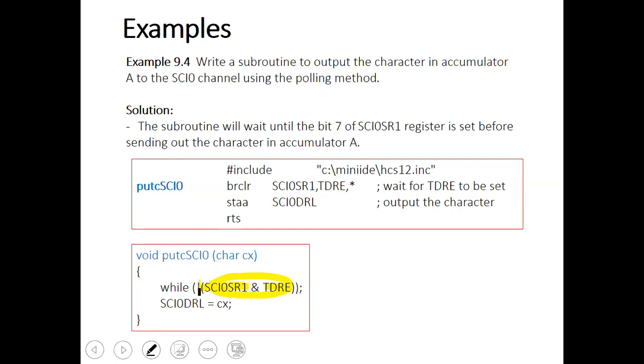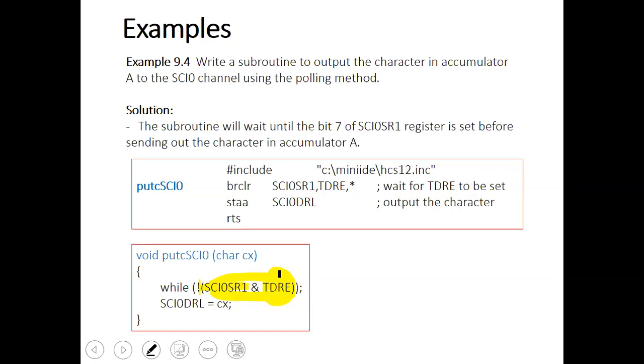Otherwise, when the condition is true, you will get out. In other words, the TDRE bit is set to indicate that the transmitter register is empty. So when the TDRE bit is set, the whole expression evaluates to 1, and when you complement it, it becomes 0, so you exit the loop.